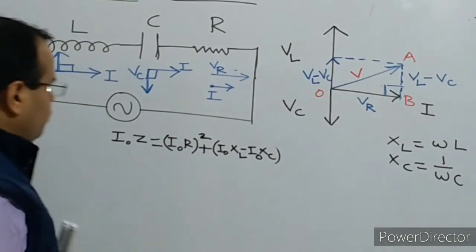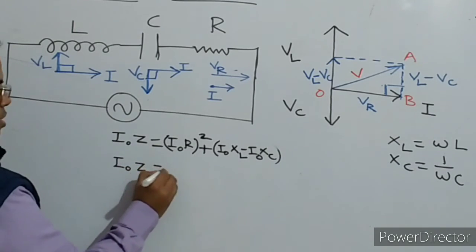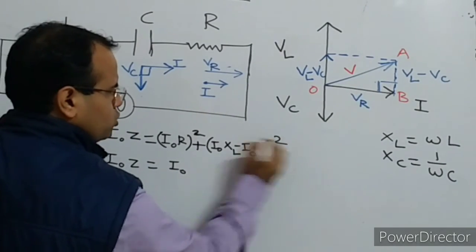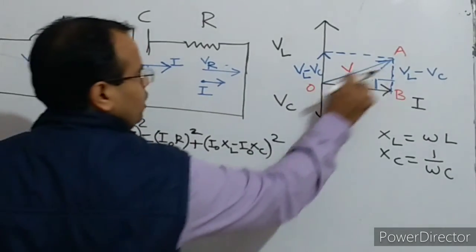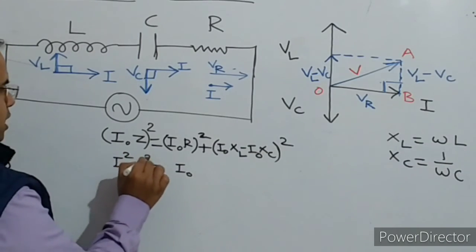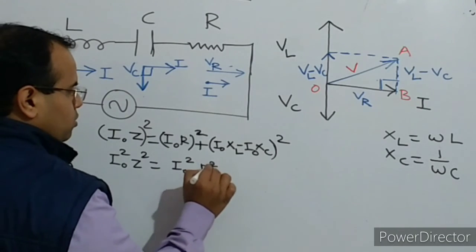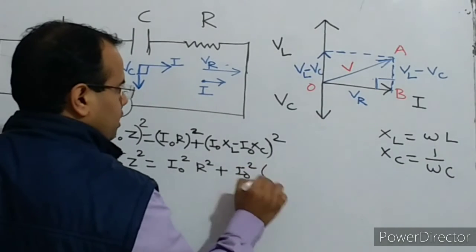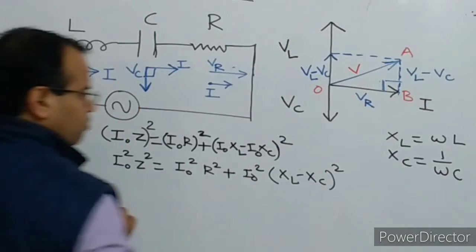So what we can do is write here I naught Z is equal to... the square is also there, because you had to take OA square, that is V square. So it can be written as I naught square Z square is equal to I naught square R square plus I naught square times (XL minus XC) whole square.